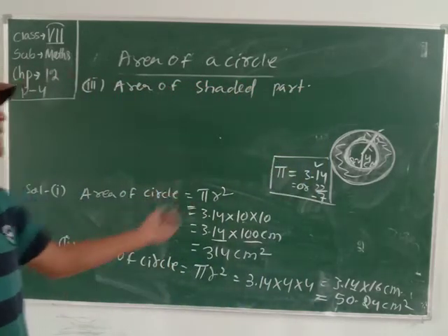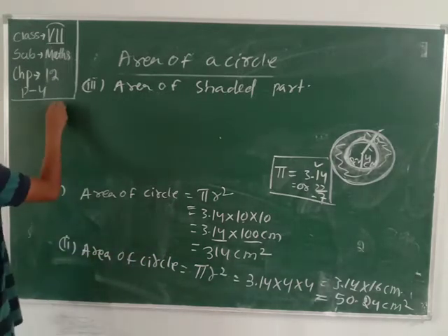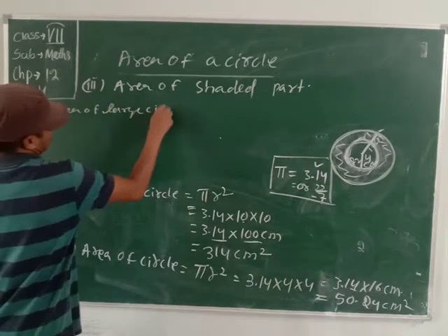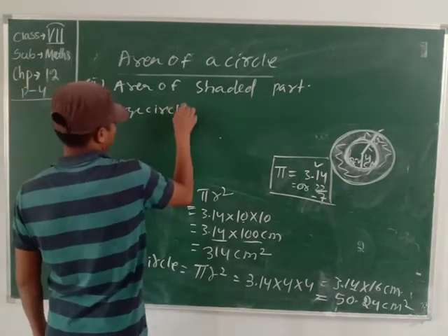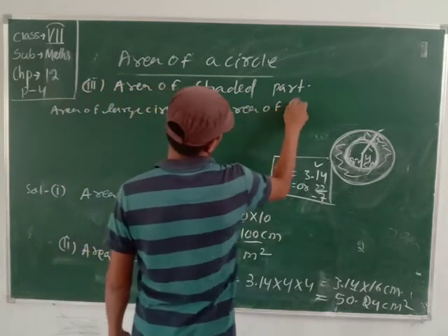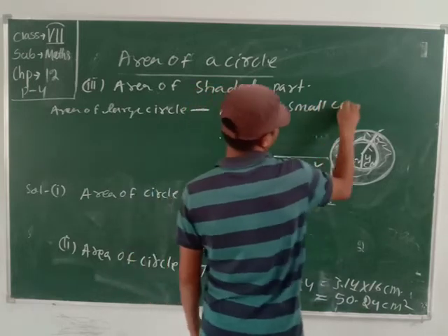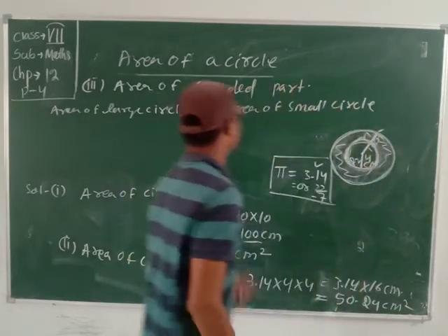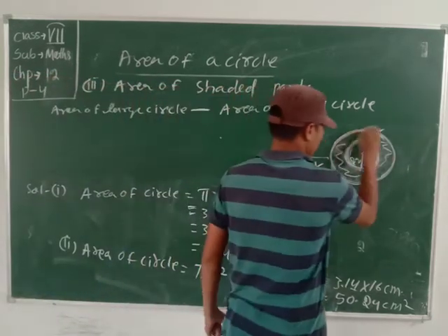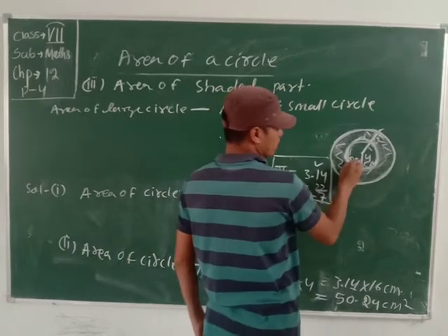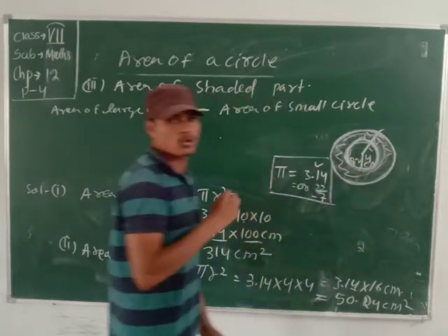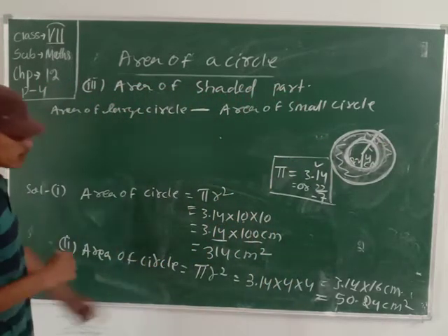Area of the large circle minus area of the small circle. Why the area of the large circle? Because when we take the whole area of the circle and subtract these areas, the only area left is the shaded area.